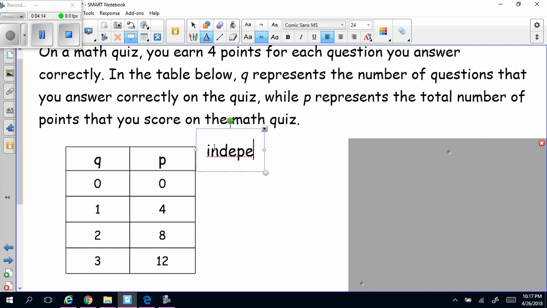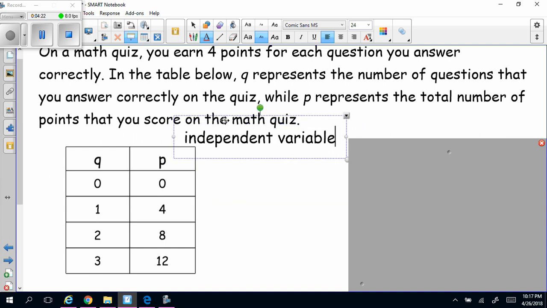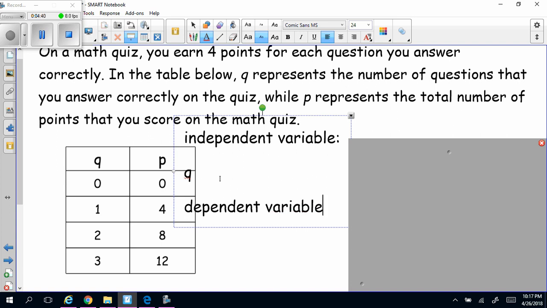So write this down. Independent variable, that would be your Q. Now, your dependent variable will be your P. And we see that the more questions you have correct, the better your points are going to be.